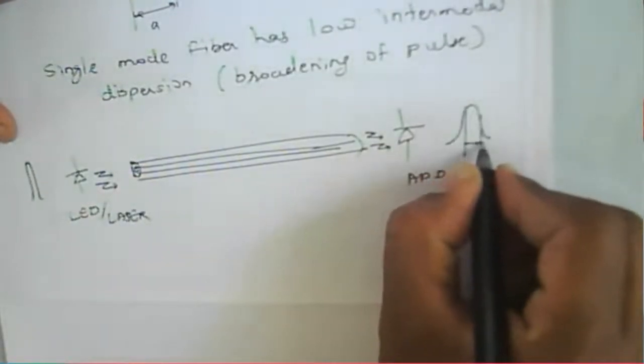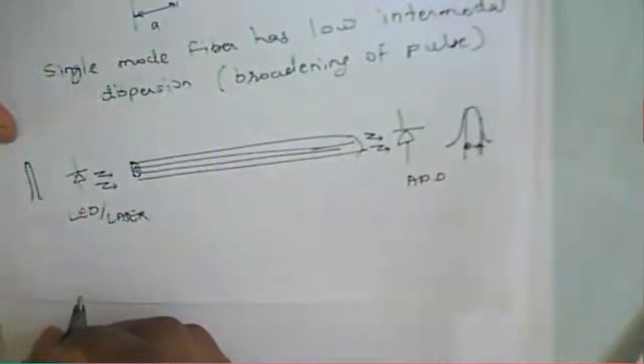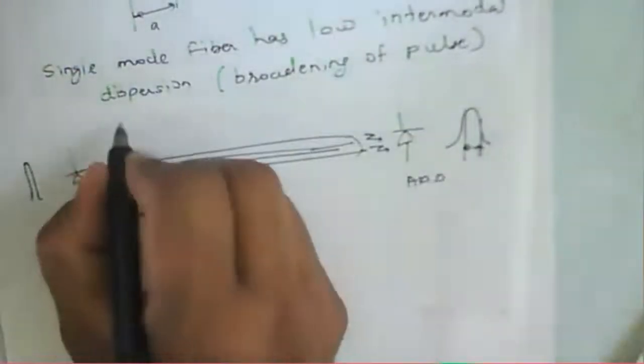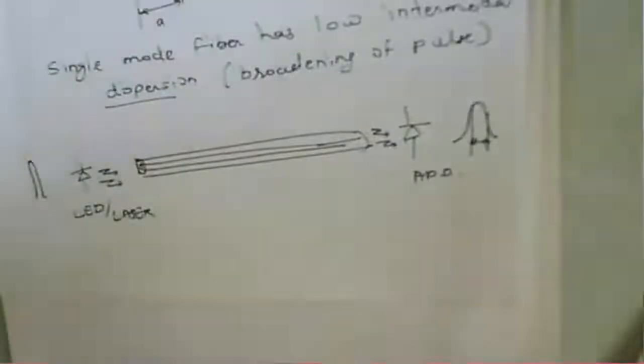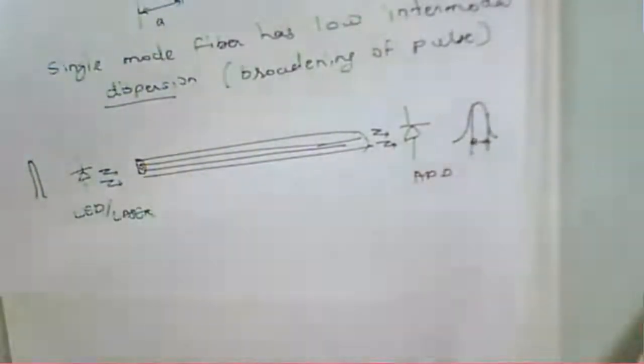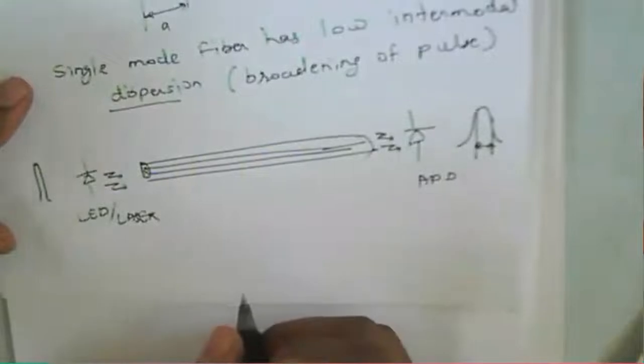So this is nothing but a broadening of a pulse, and broadening of a pulse is nothing but dispersion. We'll see in detail how that dispersion occurs.